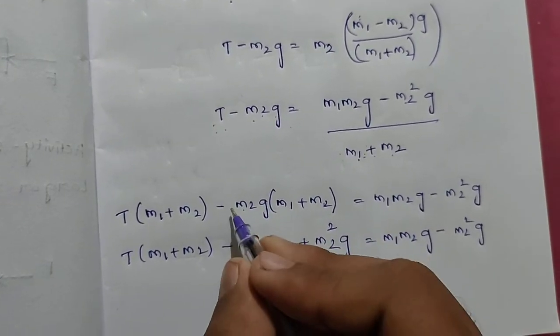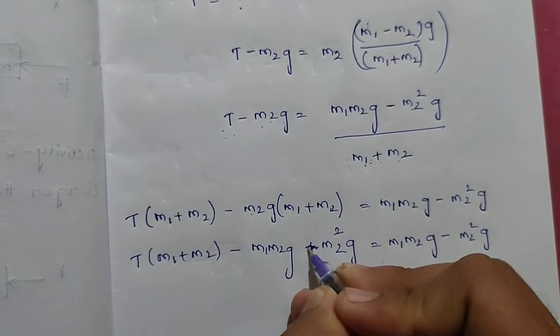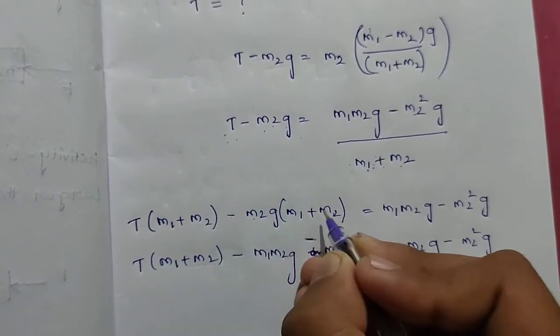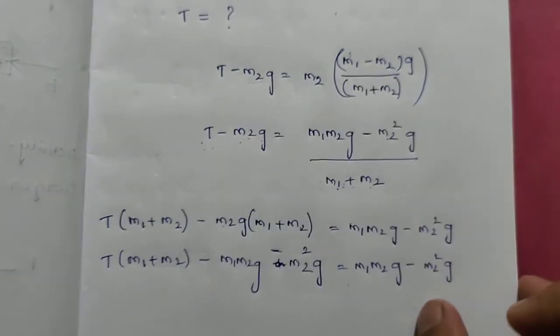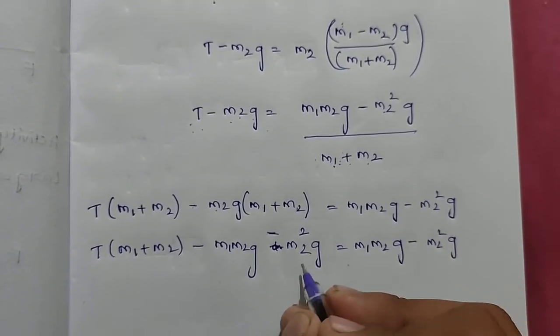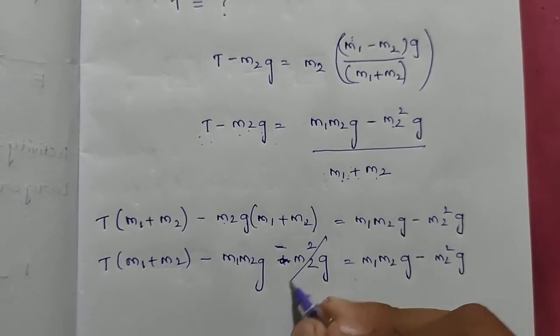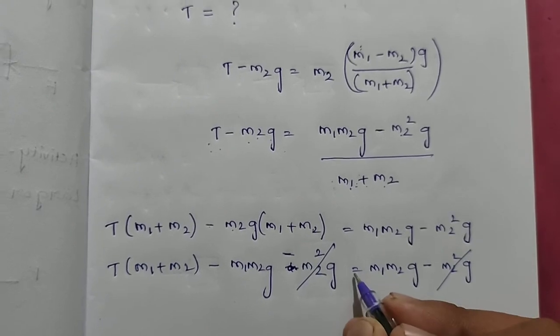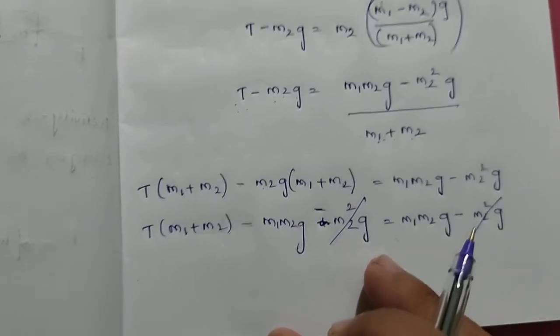So now see we have minus over here, minus into plus, minus, right? So now the same terms would get cancelled, like m2 square g and m2 square g, we have minus signs, so they get cancelled. When there is an equation, same terms on opposite sides get cancelled.